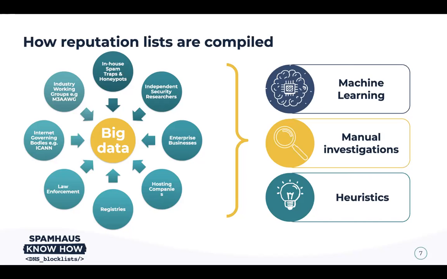Now, given the volume of all that raw data that comes in, the only way to deal with it is to have a lot of automation in place. So there's a lot of heuristics being applied to various data sets. There's machine learning involved. There's manual investigation involved.